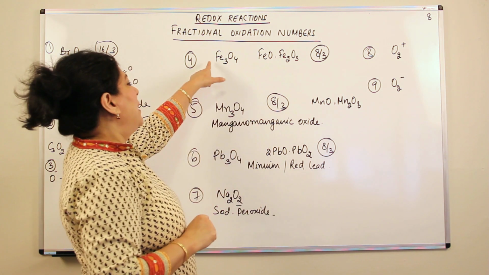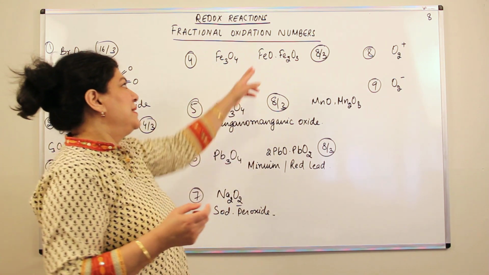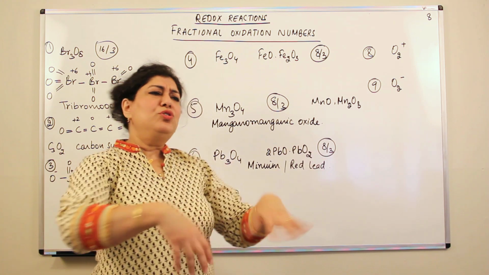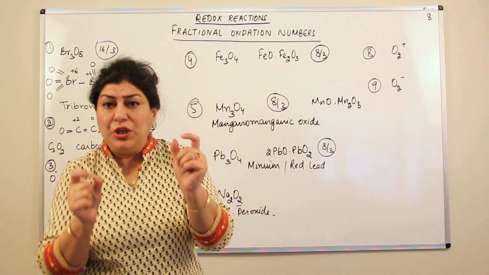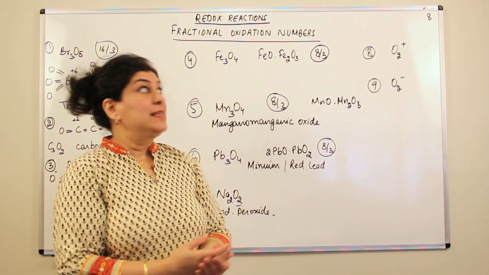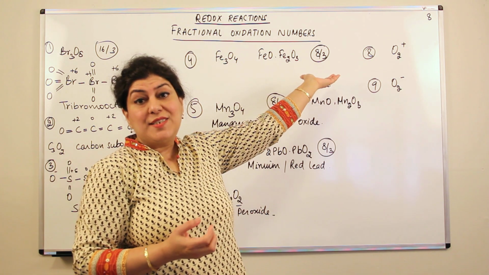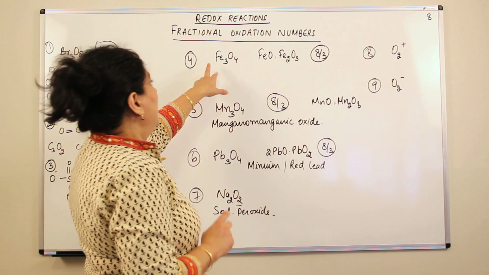So when you have a compound like Fe3O4, what do we do? For the sake of simplicity, we join the 2, because usually you will always find them in the same ratio. So we do not take individual molecules, we take them as a set, and we calculate its oxidation state, which also turns out to be fractional. Let us just see here.